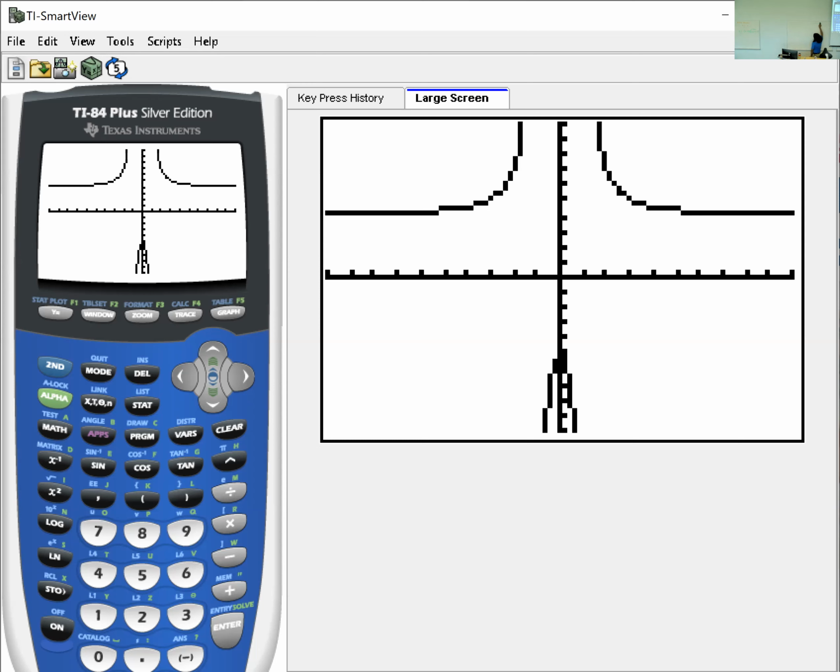What is the domain? Alexa says negative infinity to infinity. Any other answers? Yeah, infinity, 1 and negative 1.